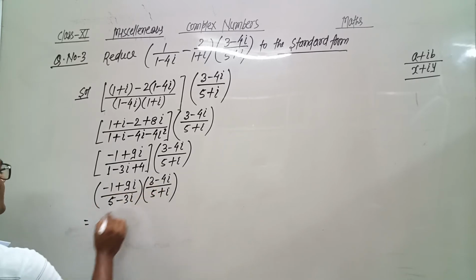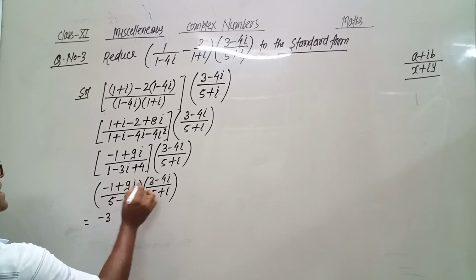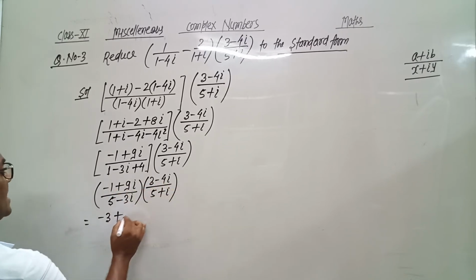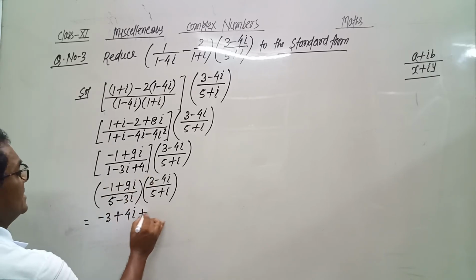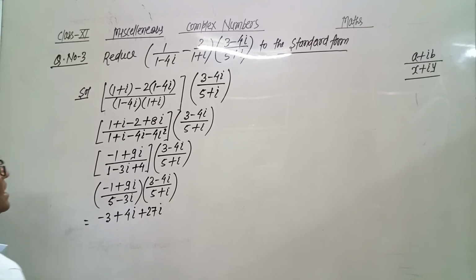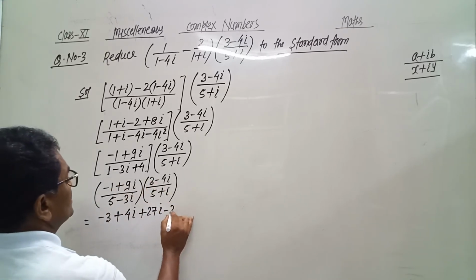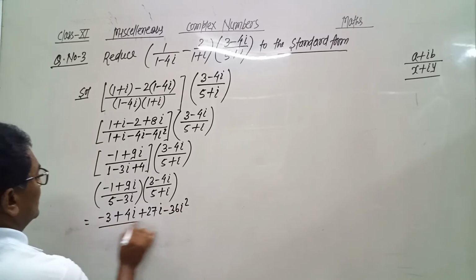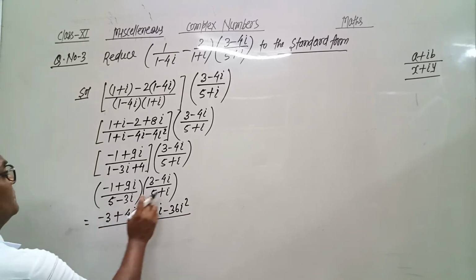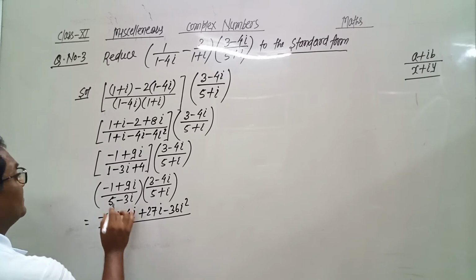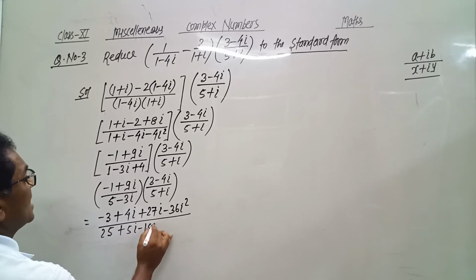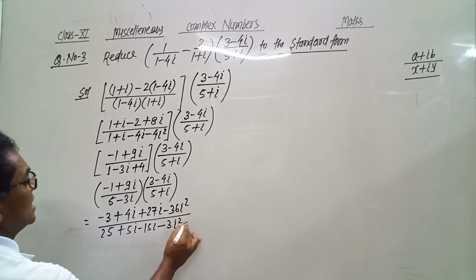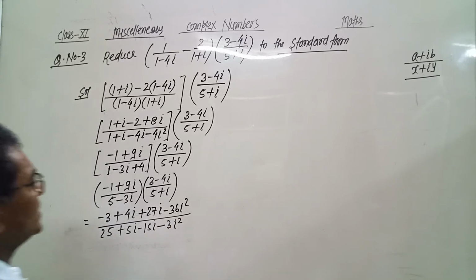So minus 1 multiplied by 3, minus 3, minus minus plus 1 multiplied by 4 iota, 4 iota, plus 9 into 3, 27 iota, and plus minus minus 36 iota square upon 5 multiplied by 5, 25 plus 5 iota minus 15 iota and minus plus minus 3 iota into iota. We get iota square.